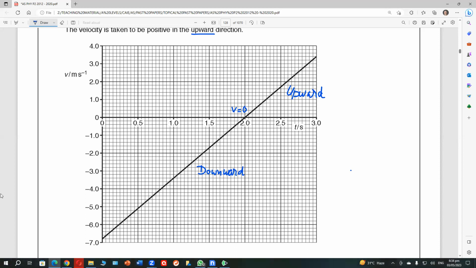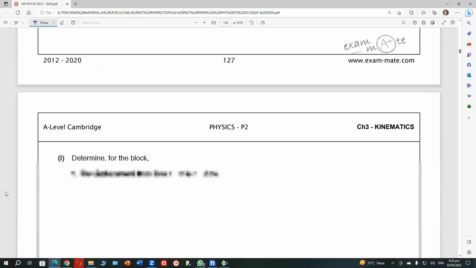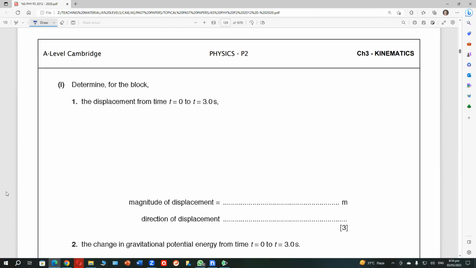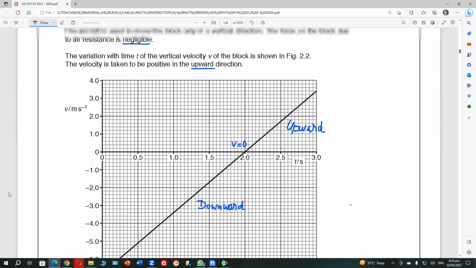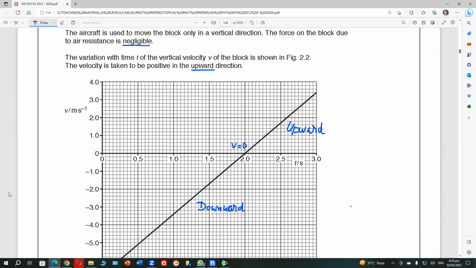And this is a velocity-time graph, so the area would be the distance. What is it asking? Let's see. Determine for the block the displacement from 0 till 3. So we can find the area.